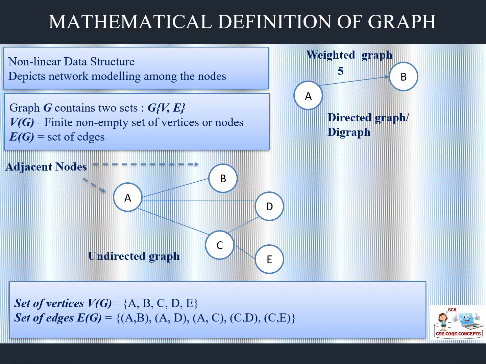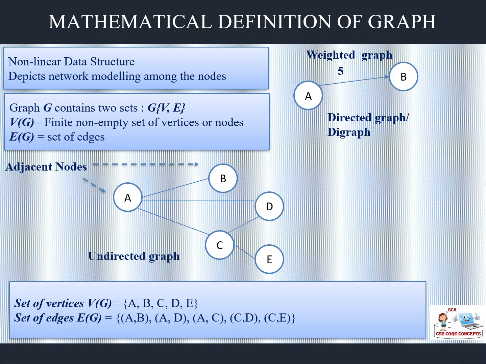Now if I put some weightage on the edges, let's say 5 on some edge, 6 on some edge, depending on the importance or the cost. Let's say, for example, this graph is showing a network channel and I want to distribute milk via a truck.